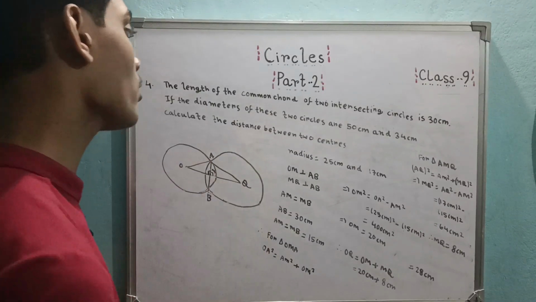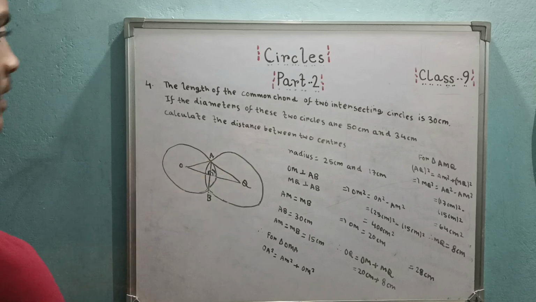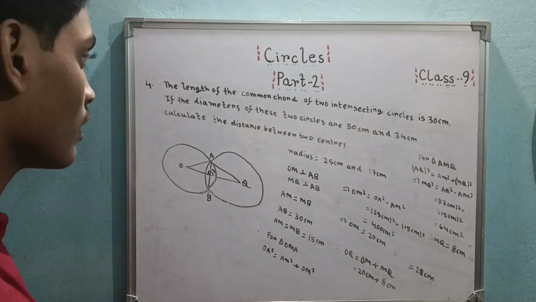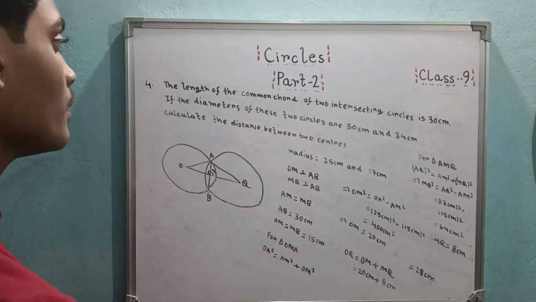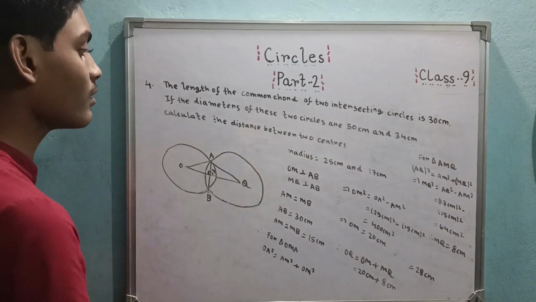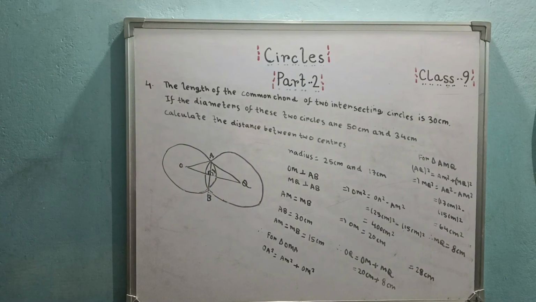So I take OA as the radius of the first circle, which is 50 by 2, 25 centimeter. Diameter is 50, radius is diameter by 2. Similarly, the radius of the other circle, AQ, is 34 by 2, 17 centimeter. Done with that.